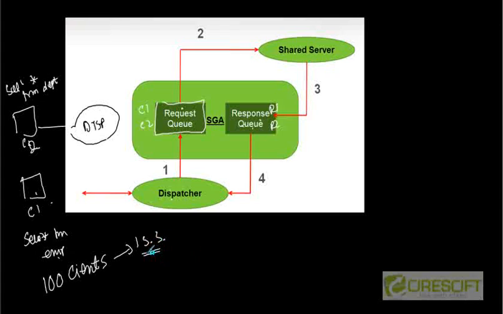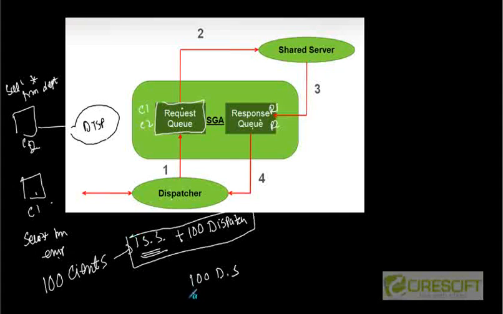In this case, had I run this in dedicated server mode, I would have 100 dedicated servers, and 100 dedicated servers is too much compared to just one shared server plus 100 dispatcher processes plus one data structure like a queue. So this trade-off is definitely much better compared to 100 dedicated server processes.